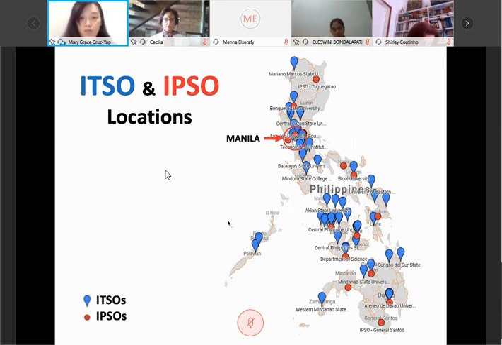As you can see, the blue marks are our Innovation Technology Support Offices, while the red marks are our IP satellite offices. The headquarters of the Intellectual Property Office of the Philippines is in the city of Taguig, Metro Manila, somewhere here in this circle. And you can see that we've scattered our services through the ITSOs and the IPSOs nationwide.